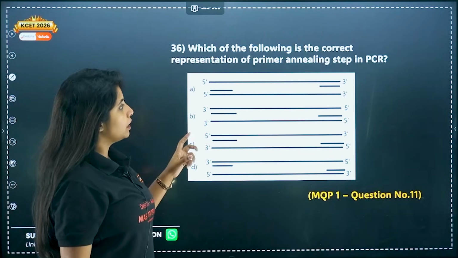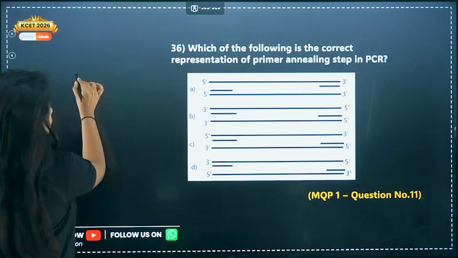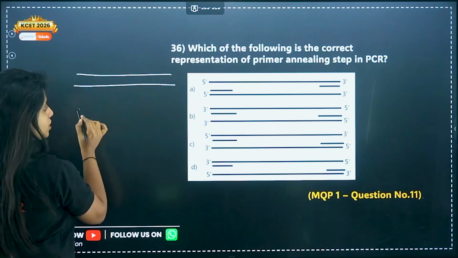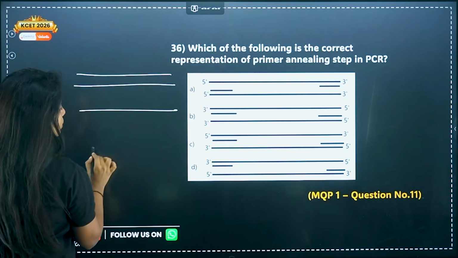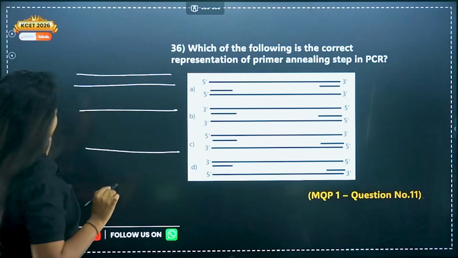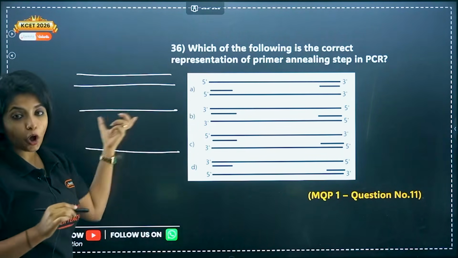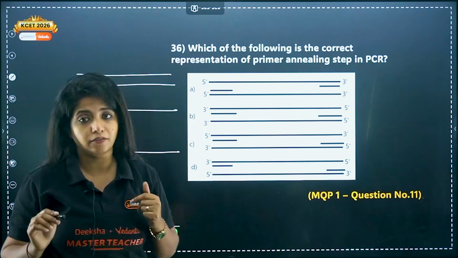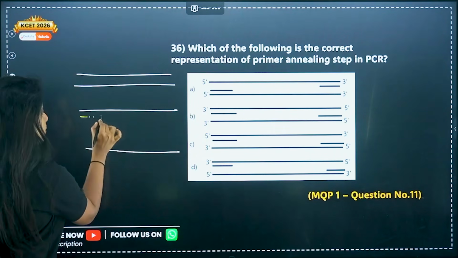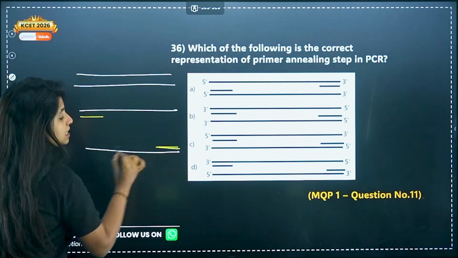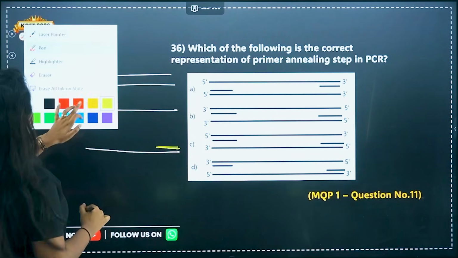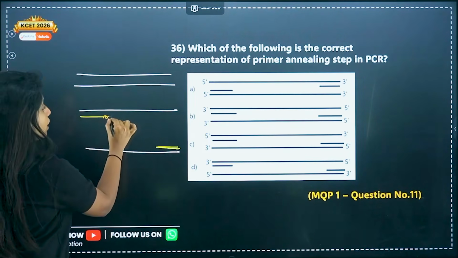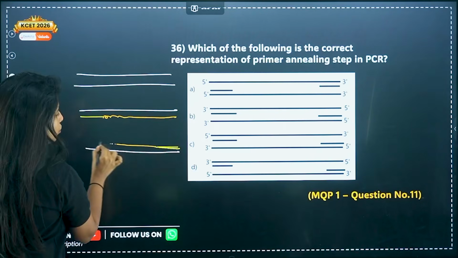So over here, my dear children, when we have the actual segment of DNA, suppose these two strands are there. First of all, my job will be to separate them. And after separating, I want to make a copy of this DNA, right? DNA polymerase cannot start off by itself. It always needs a primer. On this primer, the DNA polymerase starts working and gives rise to a whole new DNA strand.